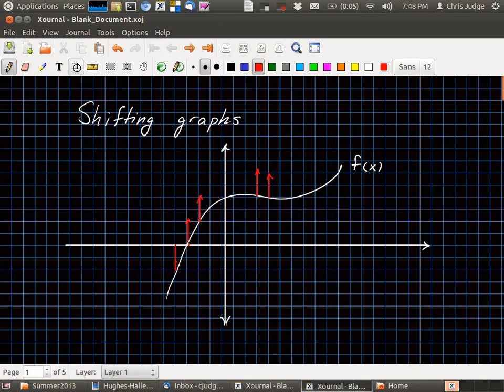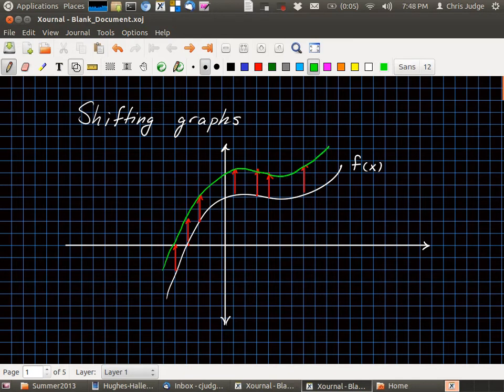Okay, up 2, up 2, up 2. Okay, so I think you get the idea. So what does the graph look like? It looks sort of like this, the new graph.